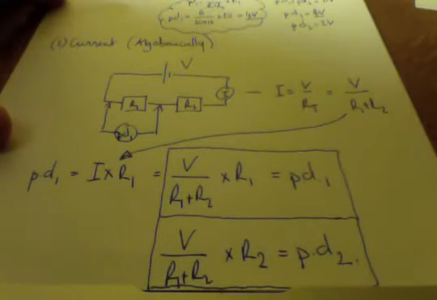Okay. This equation is one you're probably likely to see, but you'll probably like to see it in a slightly different way, and I'll draw it slightly differently. If I turn this on its side, you're more likely to see potential dividers drawn like this.